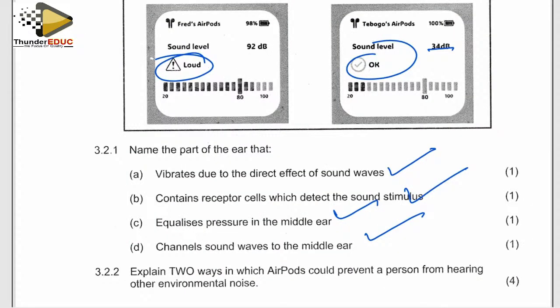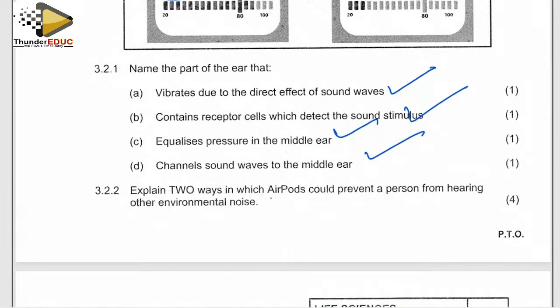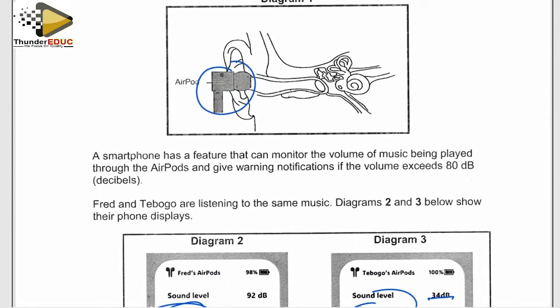They are saying explain 2 ways in which an iPod could prevent a person from hearing other environmental noise. Basically, if you look at it, it is fit into the ear, meaning that no external sound is going to come. Then number 2, based on the technology, they have this technology which reduces or isolates the noise.